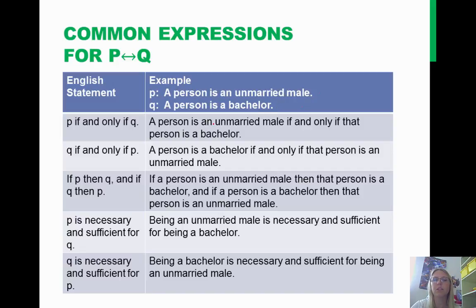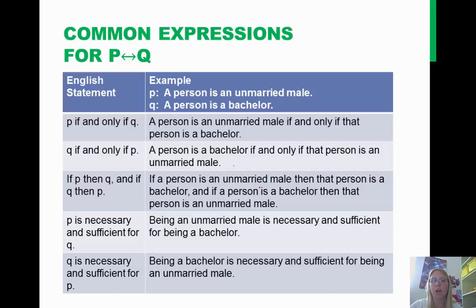So, a person is an unmarried male if and only if that person is a bachelor. We could say a person is a bachelor if and only if the person is an unmarried male. So notice that these can be reversed. It still would be P, if and only if Q. They mean the same thing.